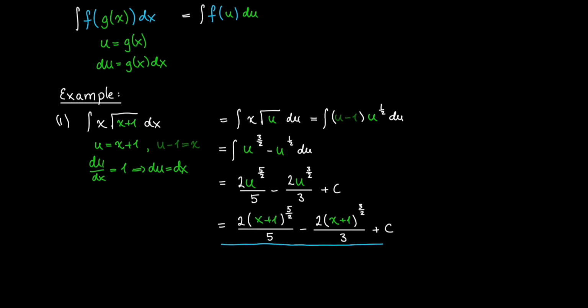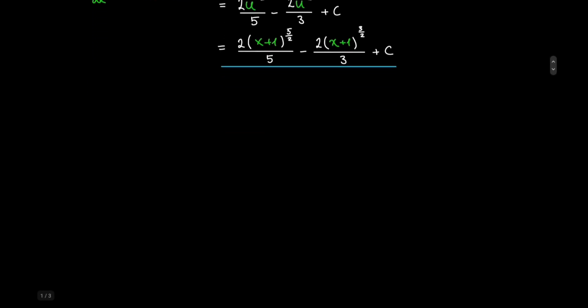And this right here would be our final answer. So please keep this trick in mind. Remember, the most important step that we did here is this. When we did the substitution and then we rearranged it in order to compensate for the other x that was singled out.